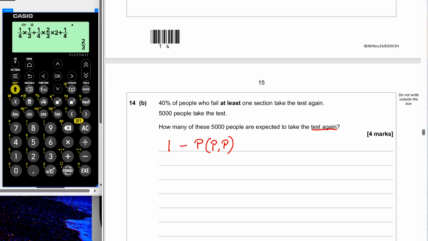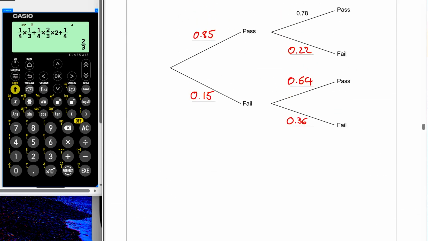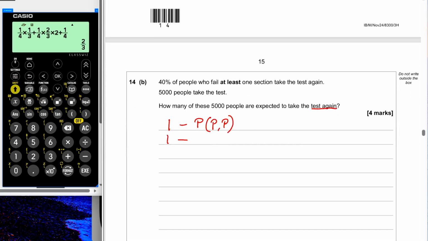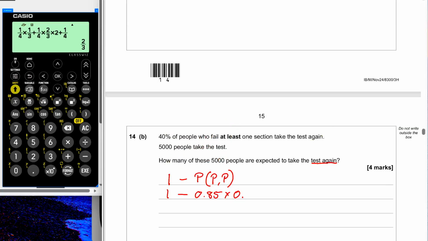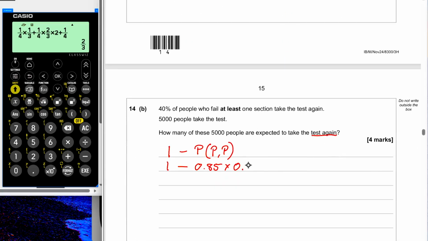Right, so we'll work out what that is. Pass is 0.85 times by, I can't remember what that was. I think it was 7/8. It was 7/8.